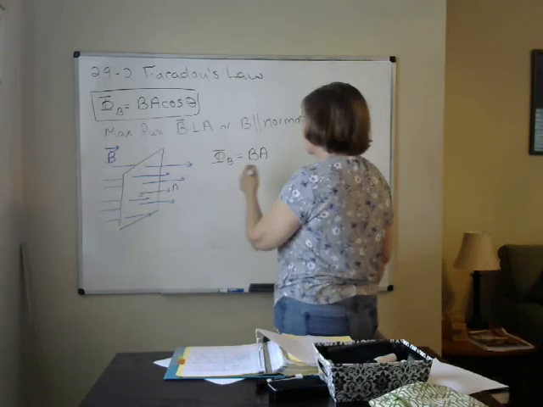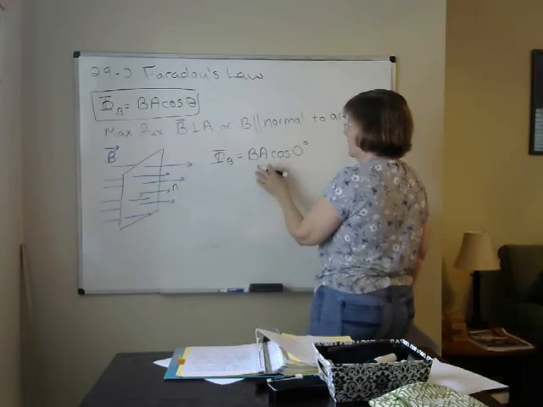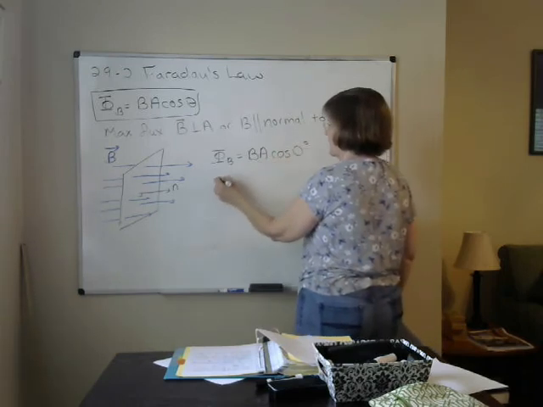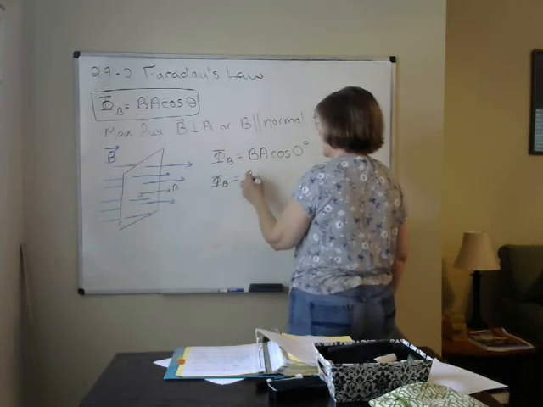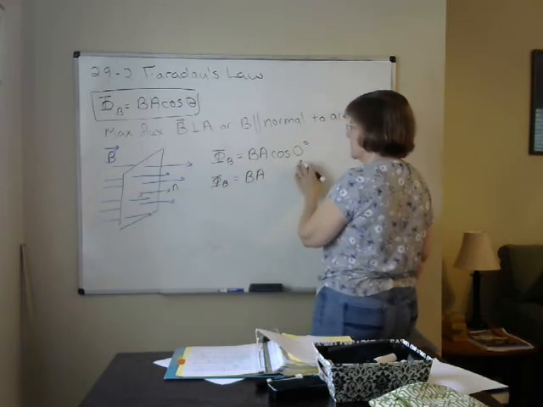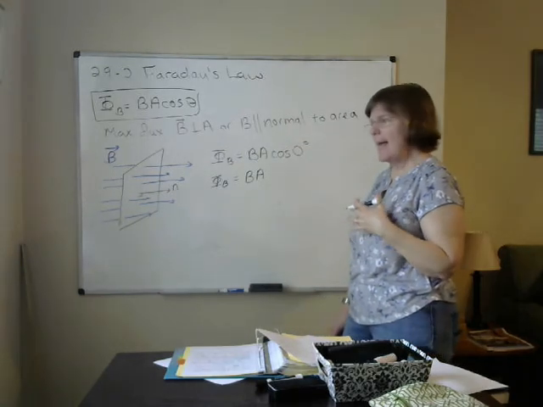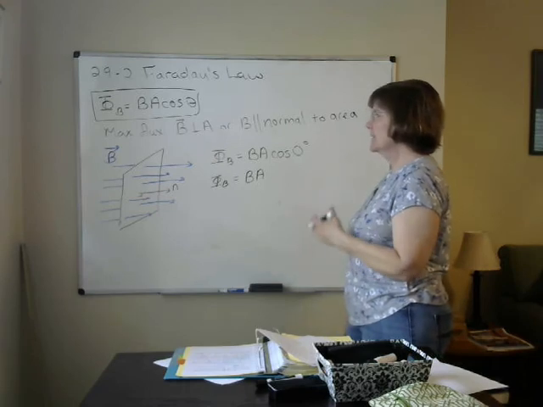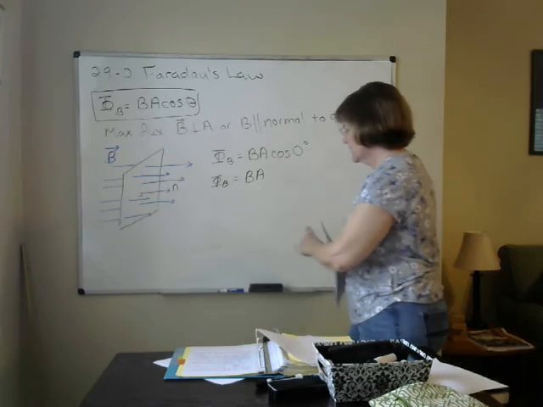Because that's going to be cosine 0, and cosine 0 is just 1. So the maximum flux occurs when cosine theta is 1, the maximum value cosine theta can have. That means our area is perpendicular to our magnetic field. That's how we get the maximum amount of flux.